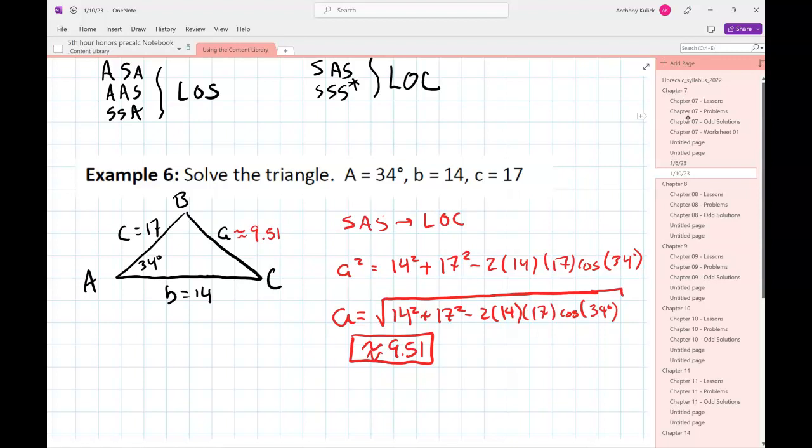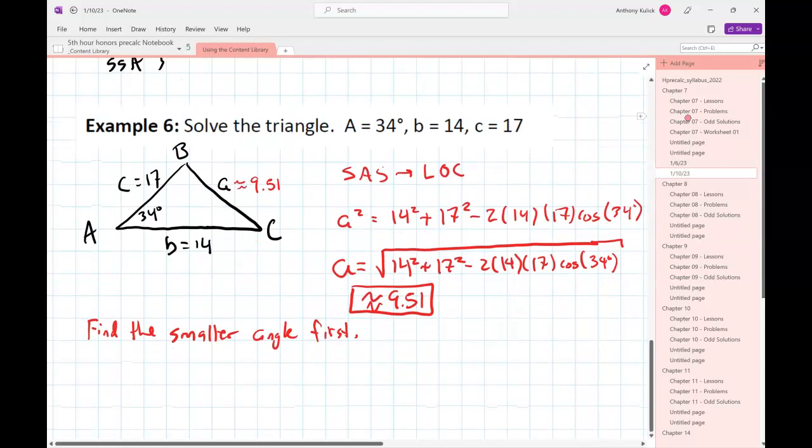So the way we do this is we just find the smaller angle next. Between angles B and C, which one is going to be the smaller one? Angle B, very good. How can you tell? Because side B is shorter than side C. Everybody's okay with that?